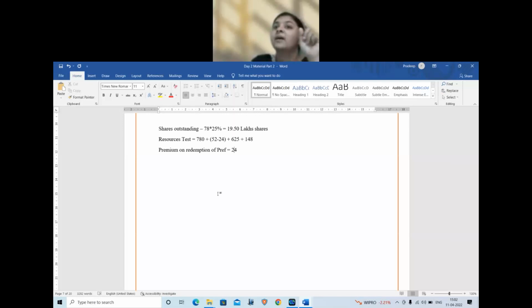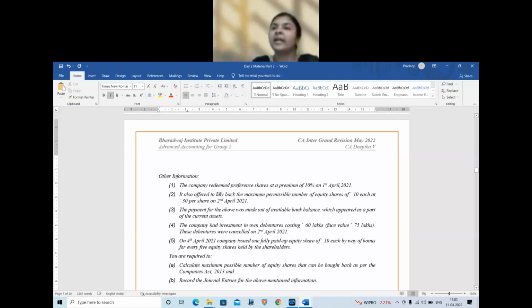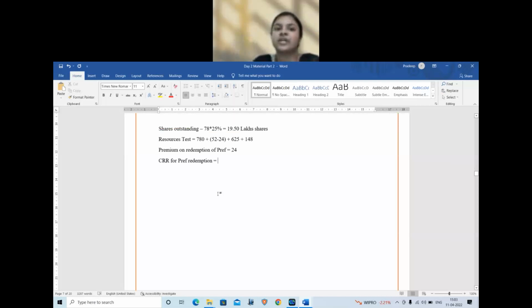Next, since preference capital is redeemed, CRR has to be created for the preference shares that are redeemed. CRR is not a free reserve. So, CRR for preference redemption. What is the value of CRR for preference redemption? 240, right? Face value of preference shares redeemed. Okay. So, now I will subtract.